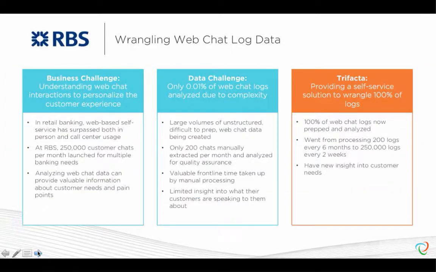So what was the end result here? You can see highlighted in orange the major benefit that Trifecta provided for Royal Bank of Scotland. And this is that instead of processing 200 logs every month out of the 250,000, they're now able to wrangle 100% of the logs that come in the same month that those logs arrive.